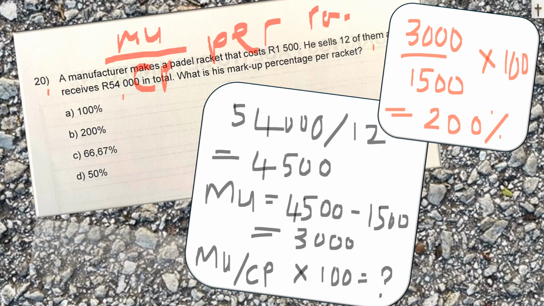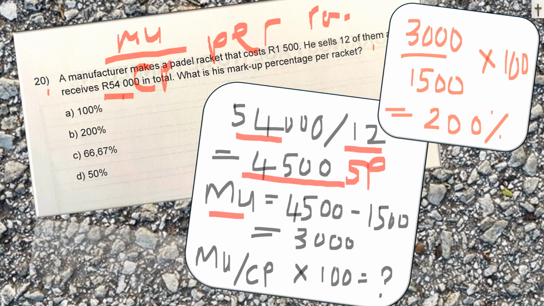He sold 12 of these and he received 54,000. So what was the selling price of one? That's our starting point. 54,000 divided by 12 will give me 4,500, which is the selling price for one racket.